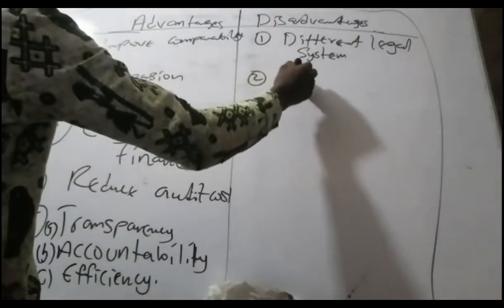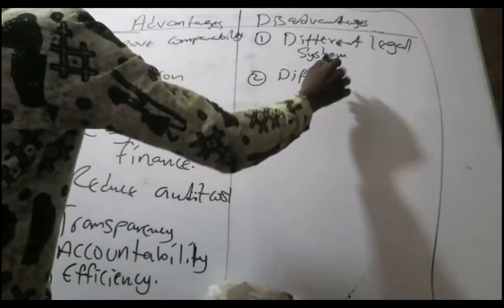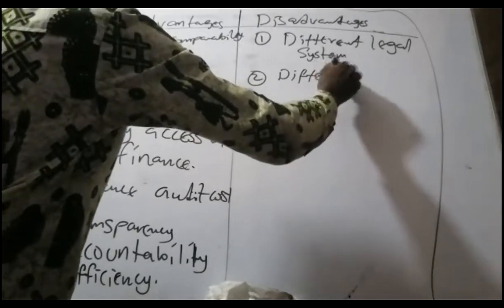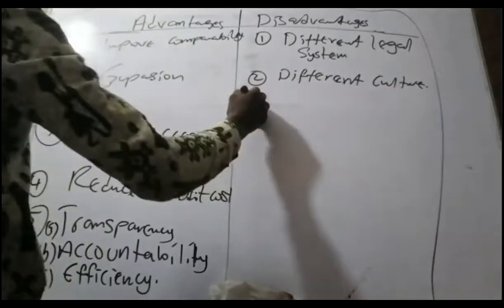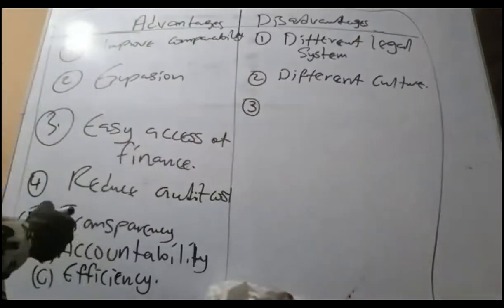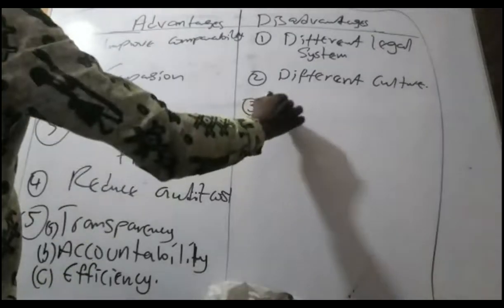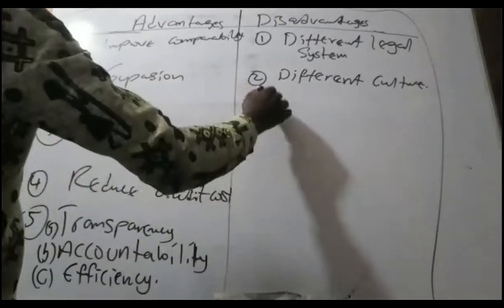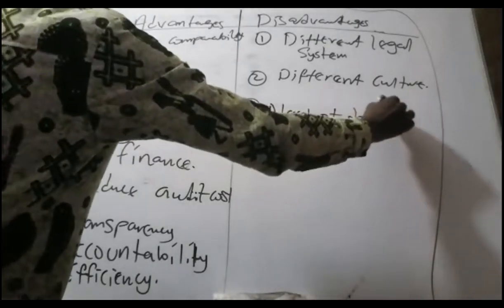So anywhere you write different legal system, just complete it to get 2 free points by adding the culture to it. So different culture. Point number three, with this, the need of developing countries.